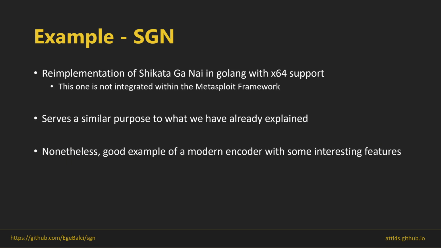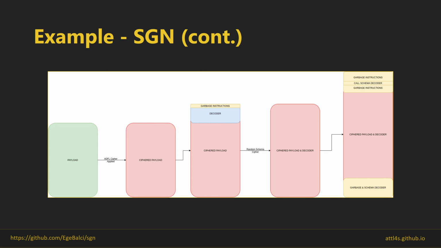Another example, SGN, Shikata Ga Nai. This one is in Golang and provides x64 support, because the Metasploit one only supports x86. It's very similar to the Metasploit one, but has more features and is modern.